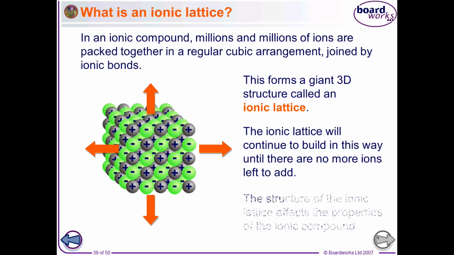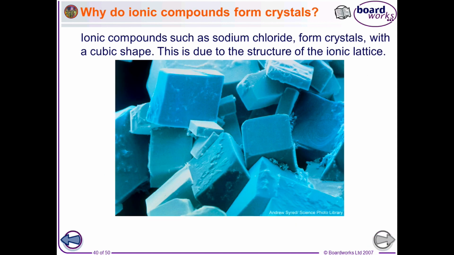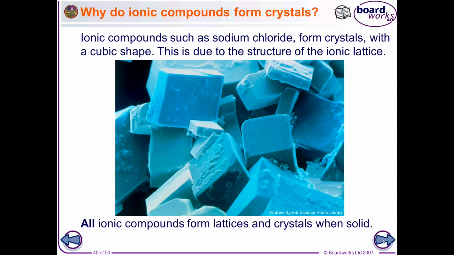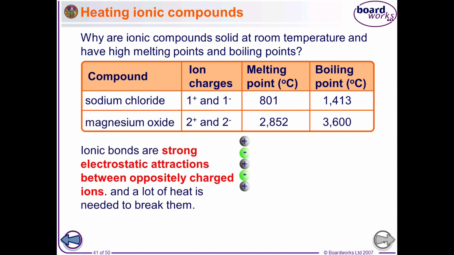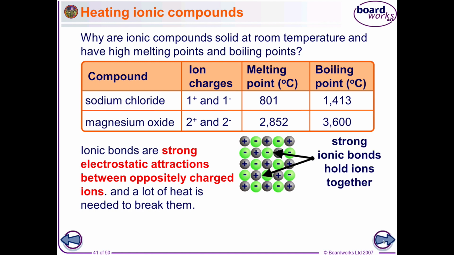So the first property that we're going to look at is the ionic lattice and its melting point. Now, the first thing to notice is that ionic bonds are very, very strong.